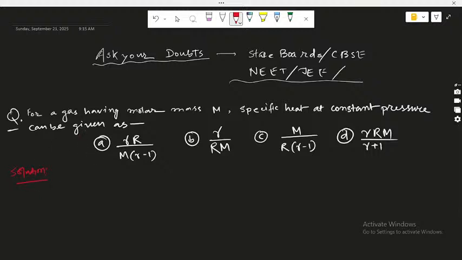So we have Cp minus Cv is equal to R. We need to find the specific heat at constant pressure, that is, we have to find Cp. So we will keep Cp on the left side and take the Cv to the right side.